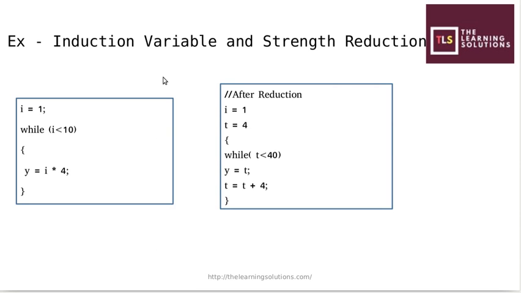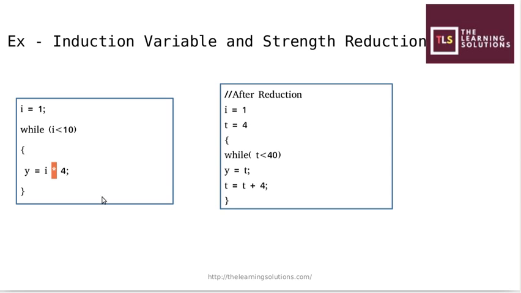Here in this case, how can we reduce the strength: I equal to 1 while I less than 10, y equal to I into 4. So in this while loop, we have an expression which computes the value by using the multiplication operator. So multiplication operation is involved repeatedly, less than 10 means some 9 times we are using this.